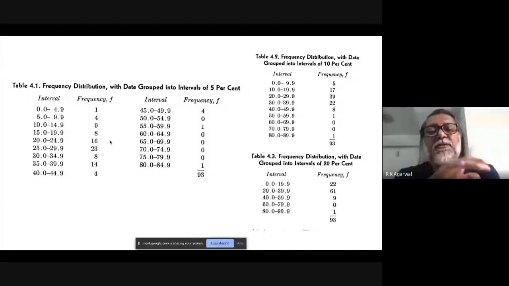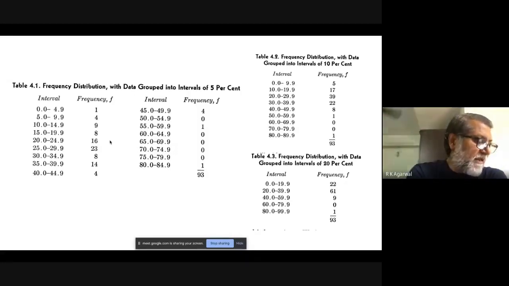Now there are three frequency distribution tables which are shown to you in this particular slide. The first one is table 4.1, second one is 4.2, and the third one is table 4.3. Now, what is the difference between these three tables? You will notice that the first table is data grouped into intervals of 5%.